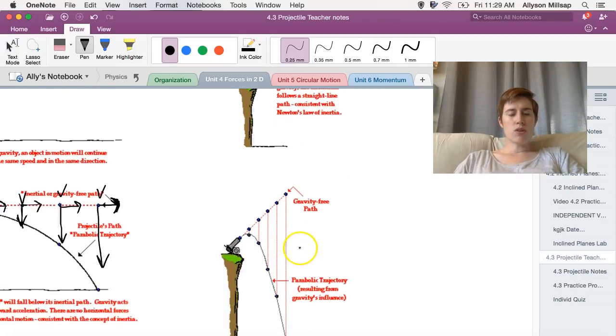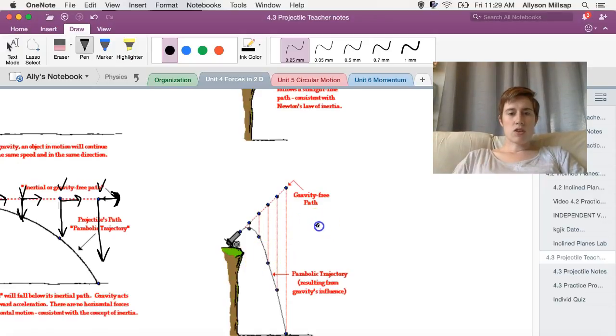Now that there's a force on it, here's your object. It's got a vertical speed and a horizontal speed. The horizontal speed does not have a force acting on it. There's no left or rightward force, so the horizontal speed keeps going at the same speed. Do you see that? If we're looking horizontally, the ball covers the same distance along the x-axis in each interval because it's staying the same speed.